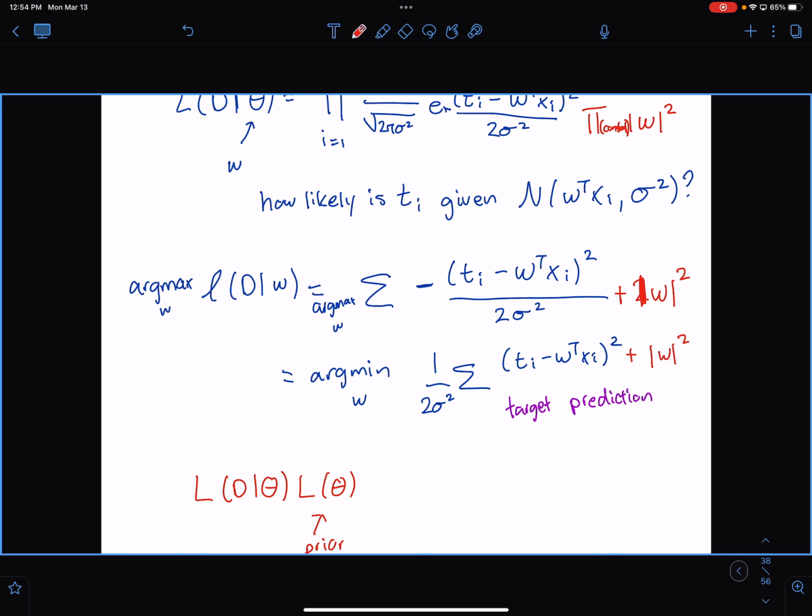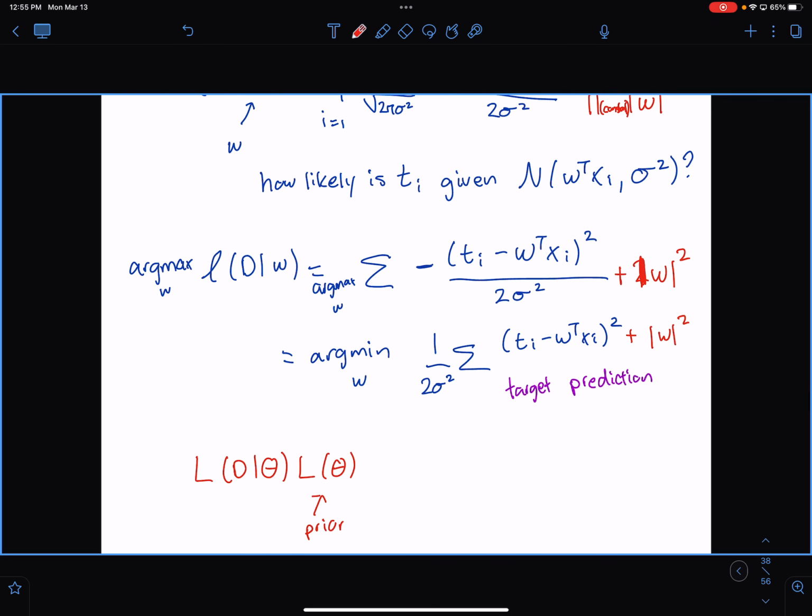But the overarching point here is if you choose a prior distribution over what your parameters look like, which is W in this case, and you use the maximum posterior approach, you'll end up getting a regularized least squares problem. So adding a prior is roughly equivalent to applying L2 regularization in this case.